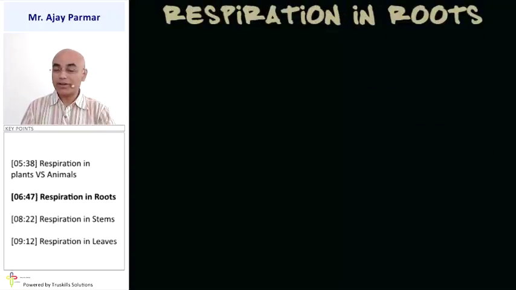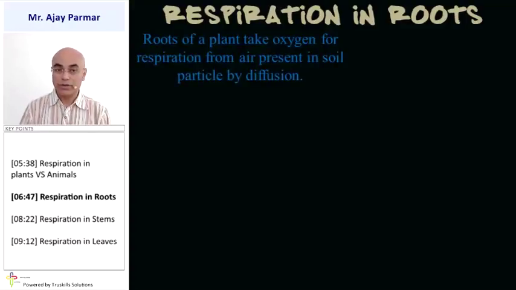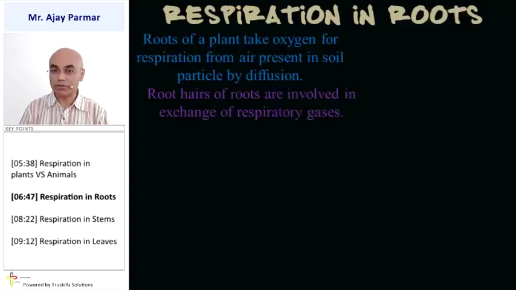When we try to understand respiration in plants, we should understand it in roots, in leaves and stems. So first of all, let us understand respiration in roots. Roots take up oxygen for respiration. That oxygen will be available in the form of soil gases trapped between the soil particles, and it is absorbed into the root hairs by the process of diffusion.